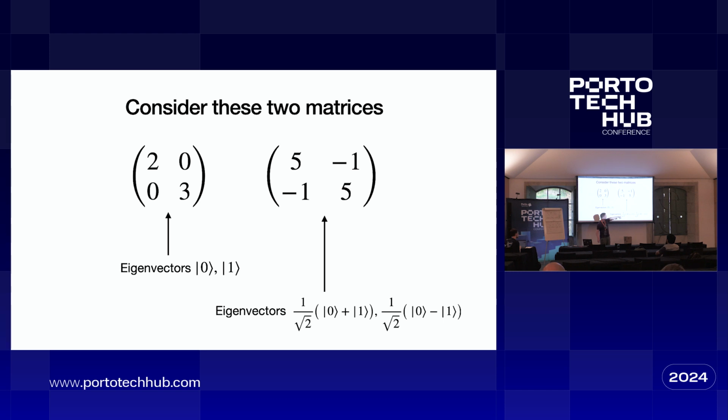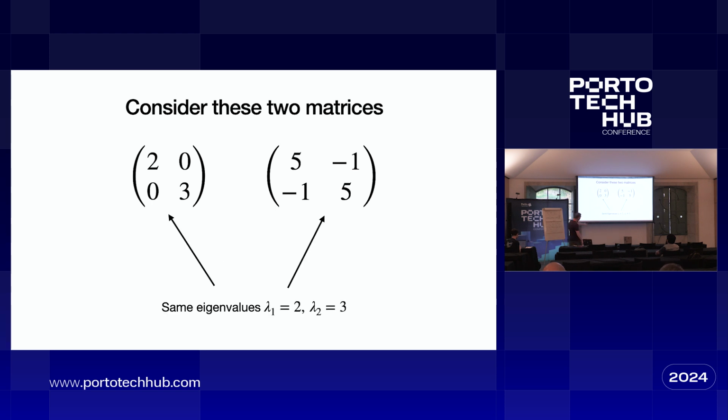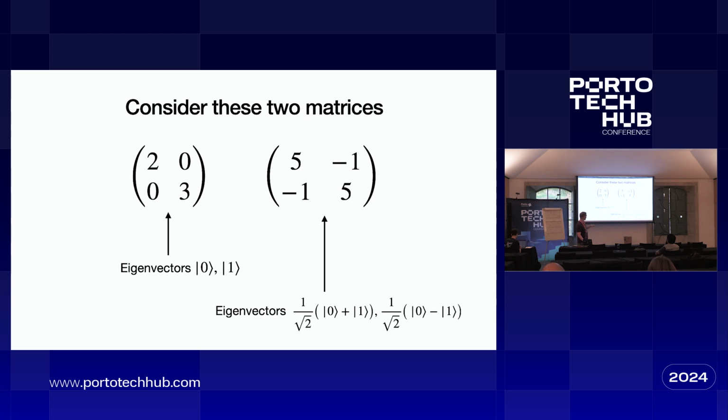They're actually the states we usually call plus and minus. You can't immediately see it, it's much more complicated. But these two matrices both have the same eigenvalues, 2 and 3, and their eigenvectors are orthogonal to each other.